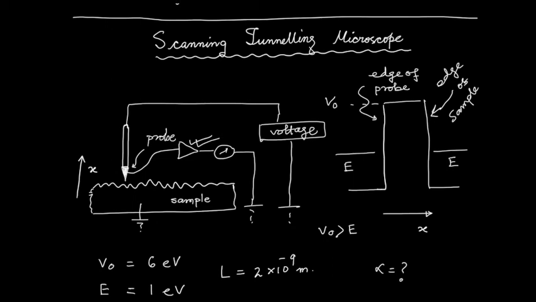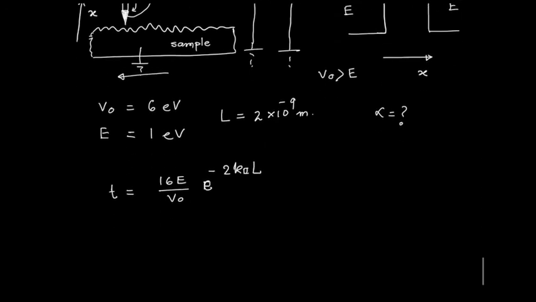Once I know this current, I can measure it, and from that I can figure out the distance of the undulations of the sample from the tip. The tip stays at the same height and you move the sample, essentially scanning the sample. That's why it's called a scanning microscope.